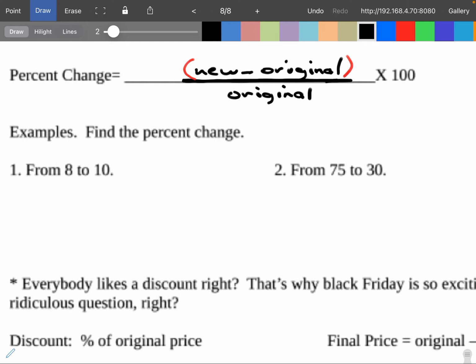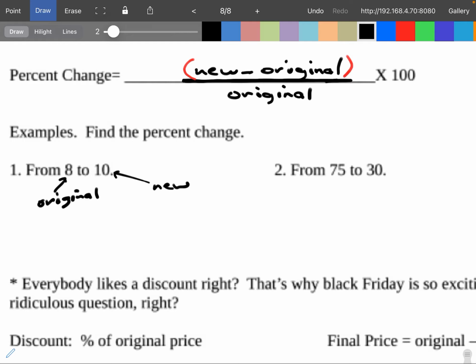Okay, so let's do these examples. It says find the percent change in example 1. The 8 is the original, and this would be the new.